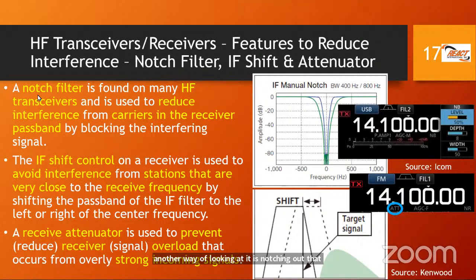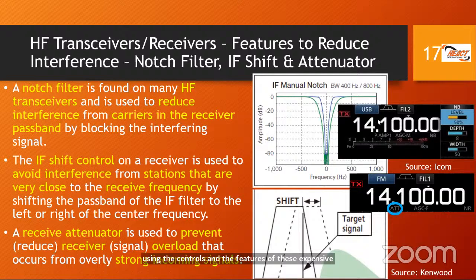So we have the exam question here, notch filter. And of course, it's found on many HF transceivers, is used to reduce interference from the carriers in the receiver passband by blocking the interfering signal. So essentially, we are ignoring that interference by using the controls and the features of these expensive pieces of radio that we will purchase as a ham radio operator.